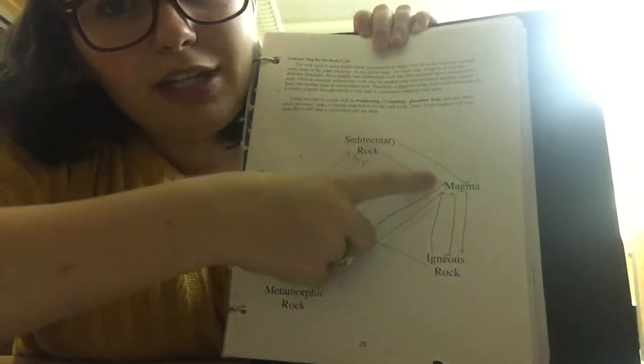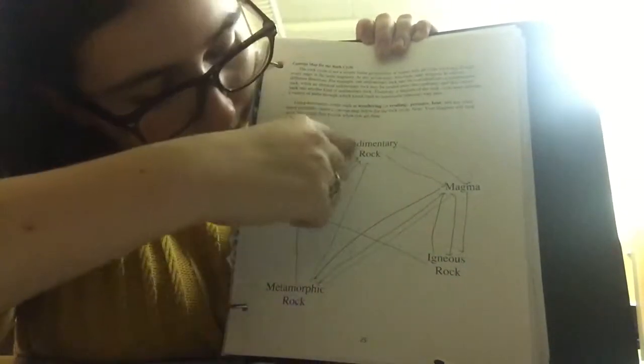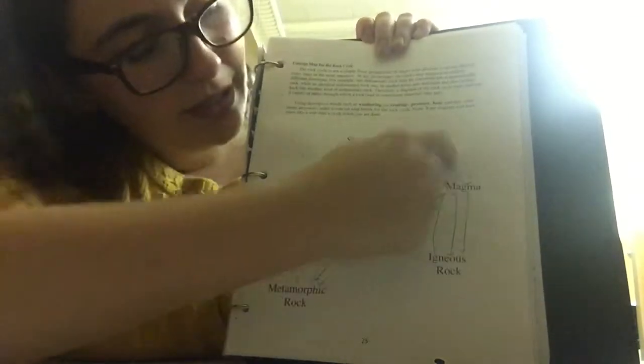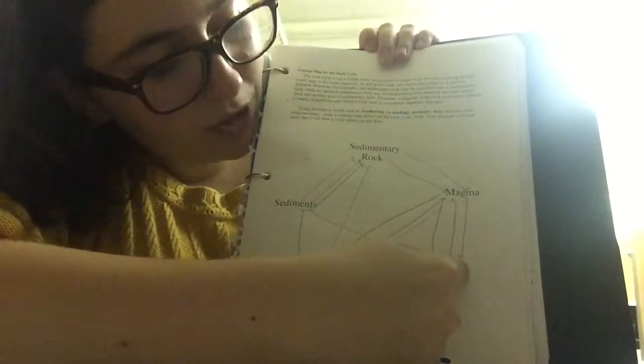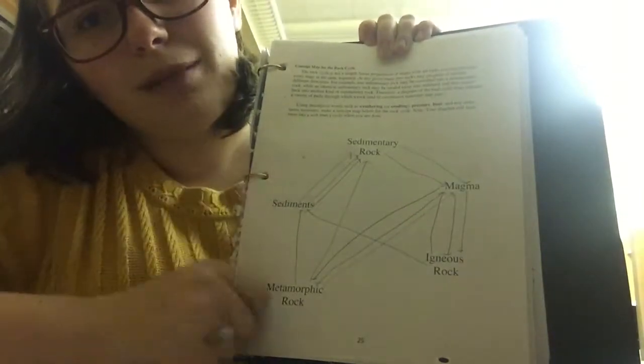And then also, if it's slightly melted, it can turn into a metamorphic. Also, a metamorphic can go into magma and become an igneous. And then igneous can go back to sediments and metamorphic back to sediments. Also, sedimentary rocks can be put back to sediments too.